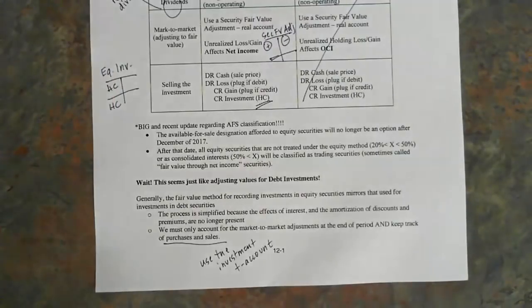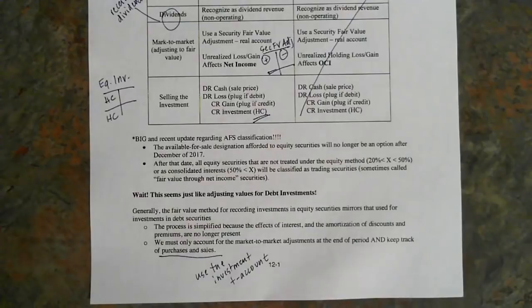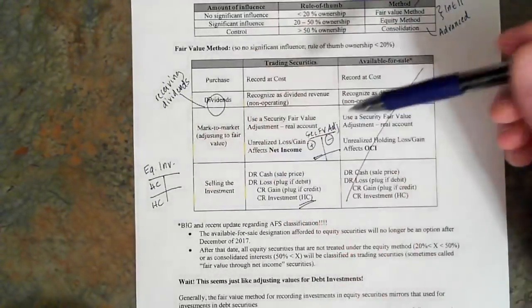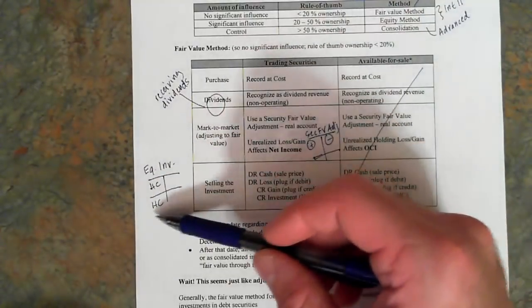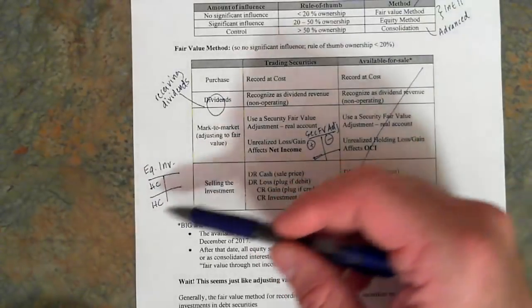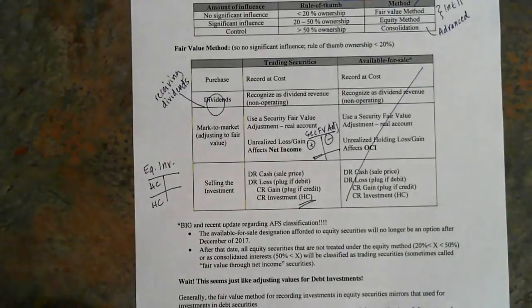Because these are simpler, because they are very much trading in and out of the company's portfolio, I tend to test and quiz over sales and purchases at various points in time. So just remember to update this equity investment T account, because you're always going to be marking the historical cost to market, but this historical cost balance may have changed depending on any purchases or sales you made during the year.